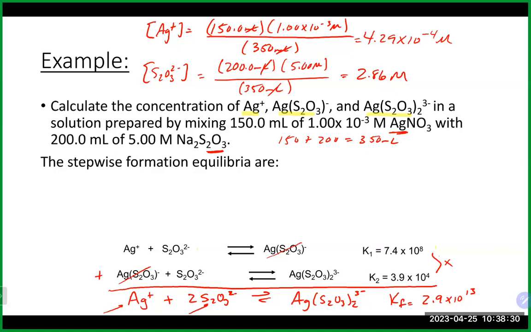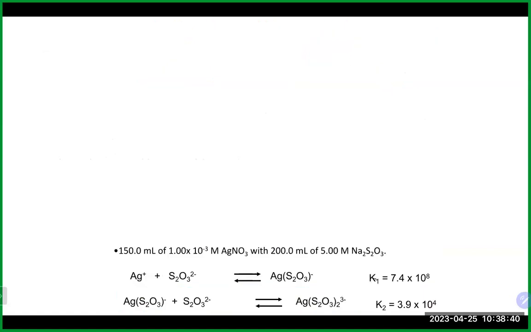All right, so I'm going to do an ice table first off using my overall reaction, since I pretty much have the concentration of both of those things. So why not? I can do it on this page. So my overall reaction again is the silver plus 2 of these going to my complex ion of AgS2O3 2 3 minus.